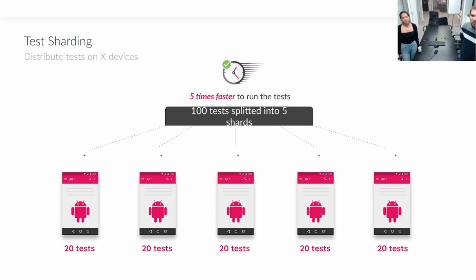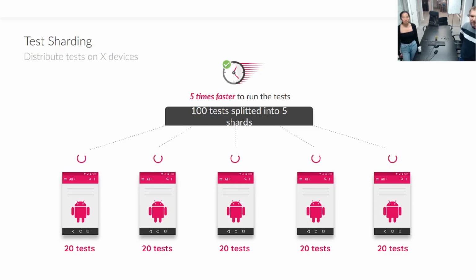Imagine that you have 100 tests taking 10 minutes in total to complete on a single device. Now, what if we divide these 100 tests to run on 5 devices? 20 tests for each device. It will take 2 minutes rather than 10 minutes to finish a test session and get the test report.